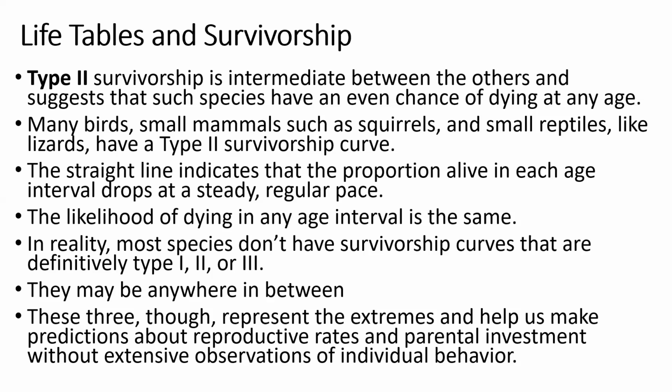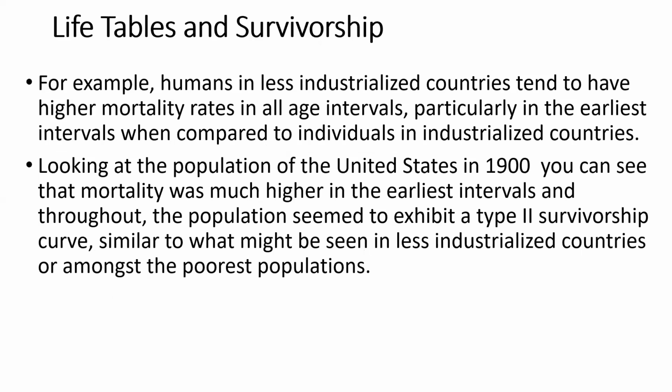These three, though, represent the extremes and help us make predictions about reproductive rates and parental investment without extensive observation of individual behavior. For example, humans in less industrialized countries tend to have higher mortality rates in all age intervals, particularly in the earliest intervals, when compared to individuals in industrialized countries.